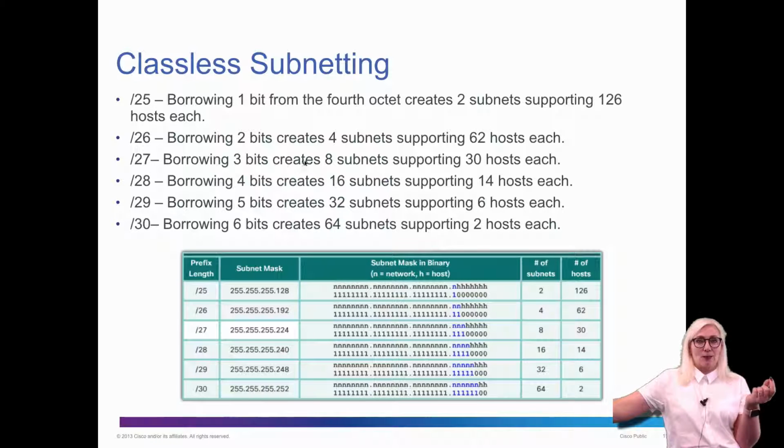Borrowing 3 bits creates 8 new subnets and supports 30 hosts. 4 bits creates 16 new subnets with 14 hosts. 5 bits, 32 new subnets with 6 hosts each. And borrowing 6 bits gives me 64 new networks with room for 2 hosts. So we can see the number of hosts decreases and the number of networks increases when I borrow more and more bits.